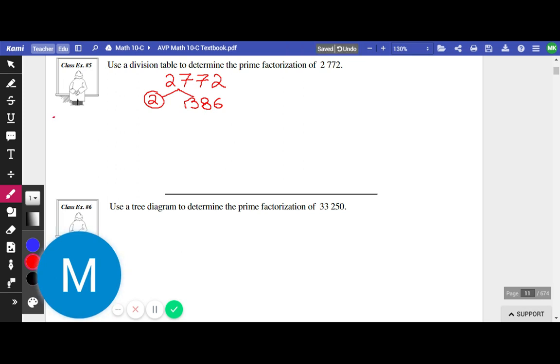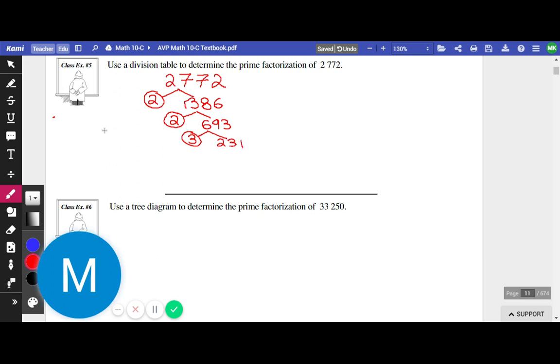I then take my composite number and I divide it by 2, and I get 2 over here, and I get 693 over here. I do 693 divided by 2, it doesn't work. I do 693 divided by 3, and it does work. I get 3 over here, and I get 231 over here.